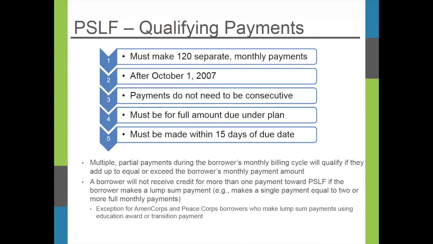Payments must be for the full amount due under the repayment plan, and must be made within 15 days of the due date. So let's say your payment was $100 and you only paid $50. That will not count. But if you did a $50 payment this week and a $50 payment the following week, you made a satisfying payment and it was for the full amount. It wasn't partial or anything.